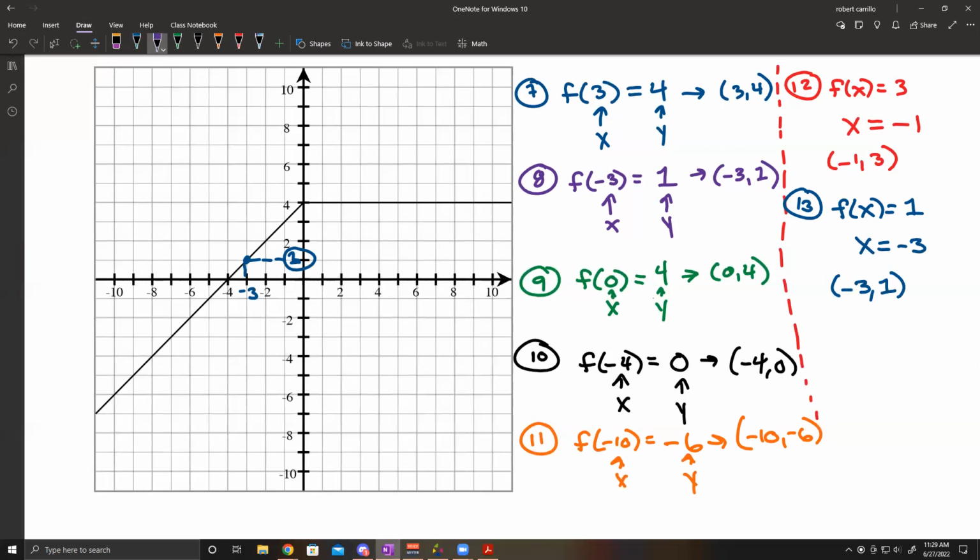Okay. And 14. When f of x equals 0, x, so now we want to know when y is 0.